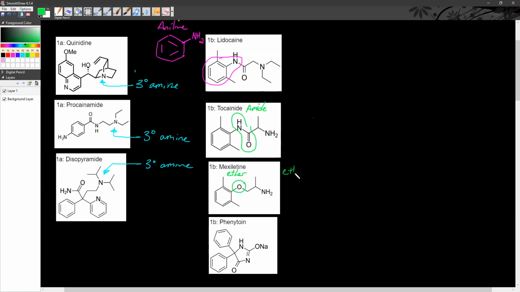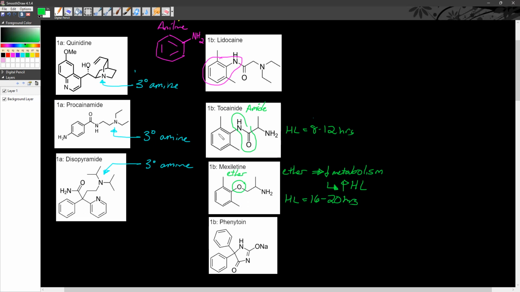Exactly. So the ether in mexiletine is going to decrease metabolism because we're not going to be able to break apart the amide like with amidase. So does that mean that mexiletine is going to have a higher or lower half-life compared to tocainide? Should be higher. Exactly. And in fact, tocainide has a half-life of around 8 to 12 hours, whereas mexiletine has a half-life of about 16 to 20. So not too bad.